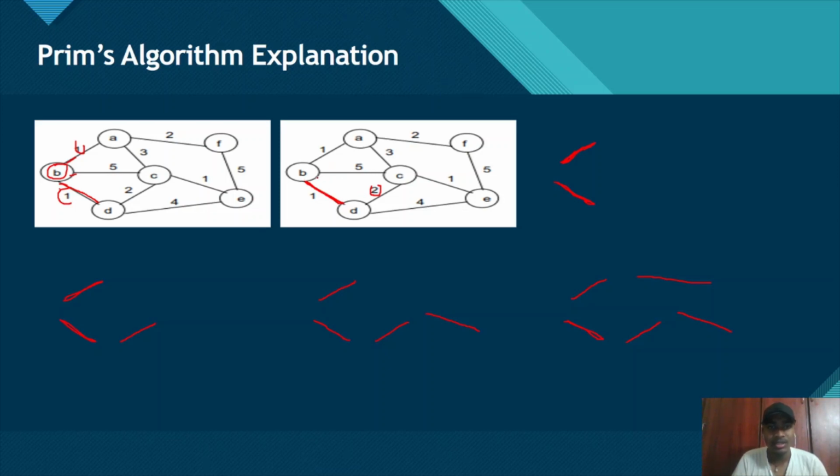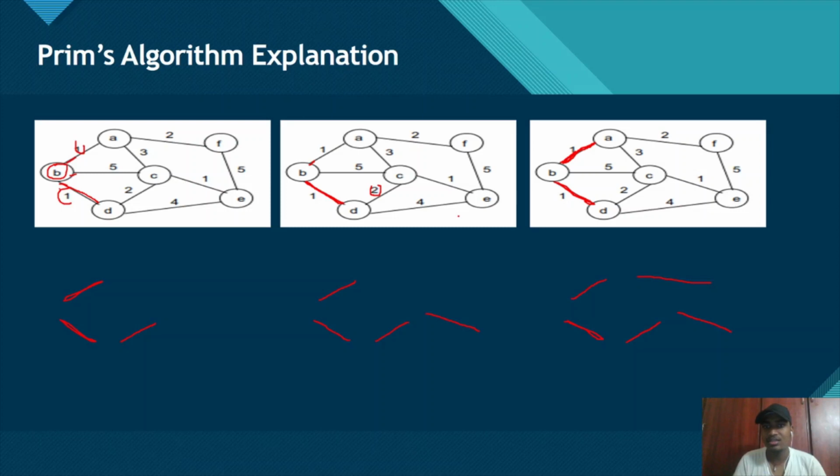The previous vertex is B, so those B edges are 1, 5, 1. This one is already visited, so now you will take the least one, that is 1. So now instead of this DC edge, you will take the BA edge, like this. So the selected edge will be the BA.